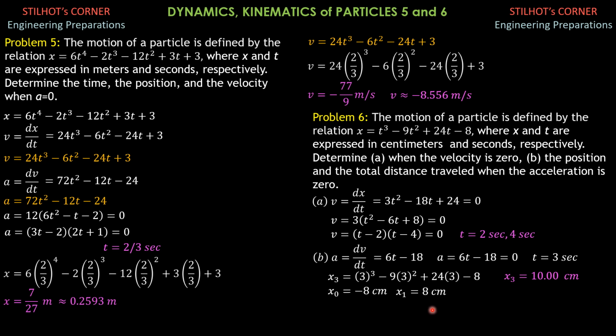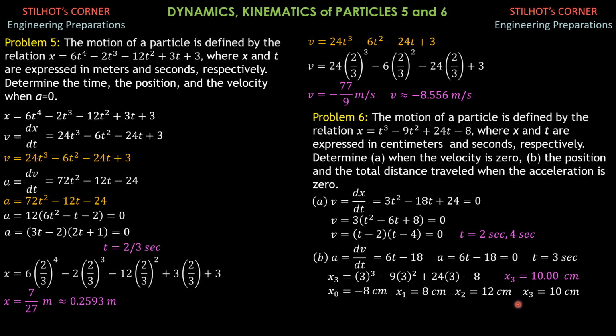When time is 2 seconds, we have 2 cubed, which is 8, minus 8, 0, minus 9 times 2 squared, so negative 36, plus 24 times 2, 48, so negative 36 plus 48 is 12. So x sub 2 is 12 cm, and x sub 3 is 10 cm from these calculations here.